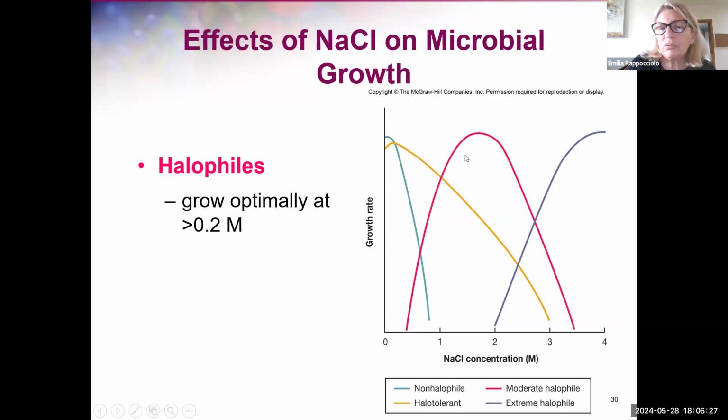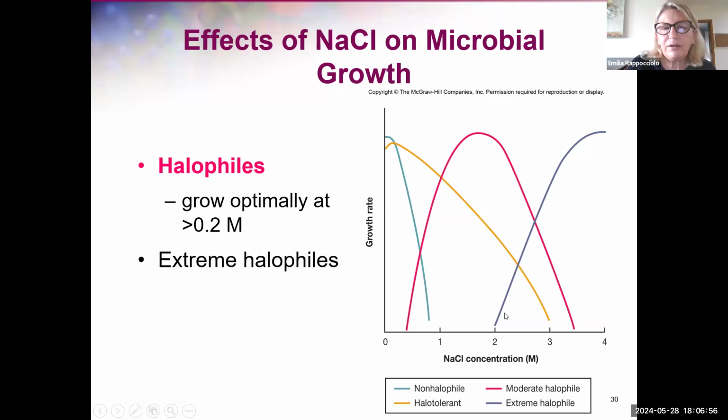So increasing salt actually makes them grow faster to the optimal salt concentration, which is roughly more than 0.2 molar. And then after they get to the optimal conditions, they also start declining in their growth rate.